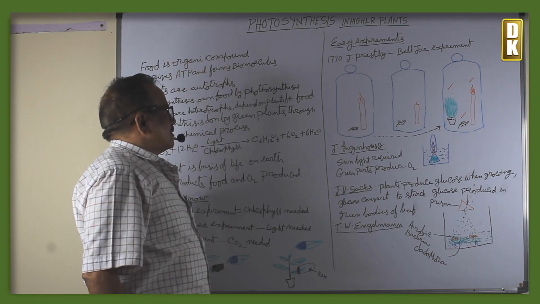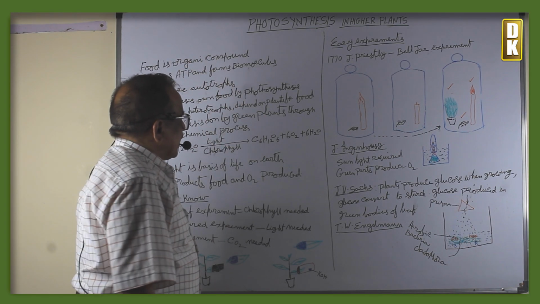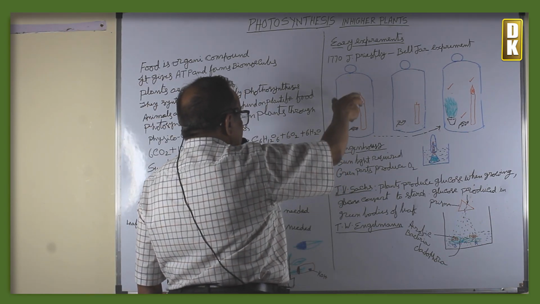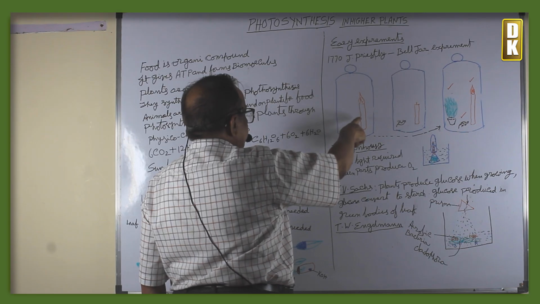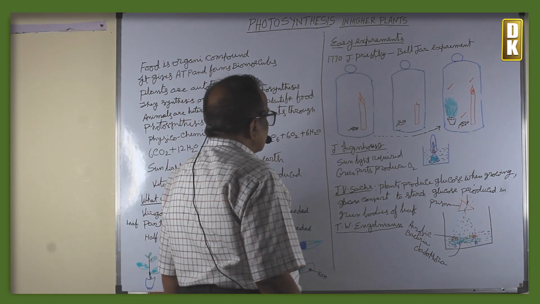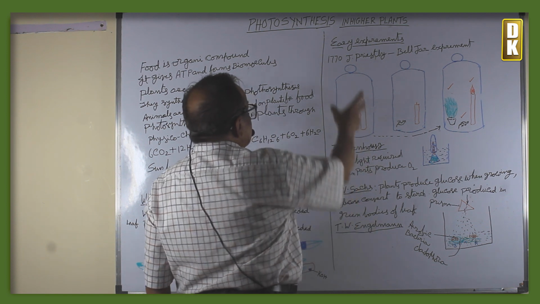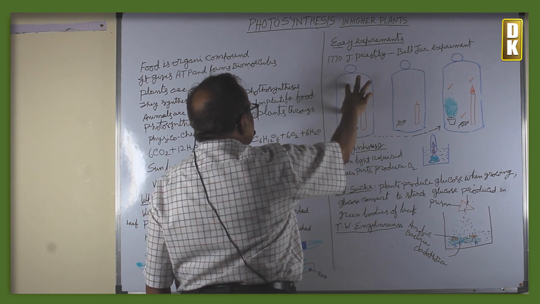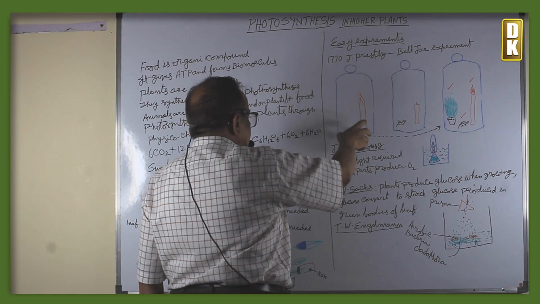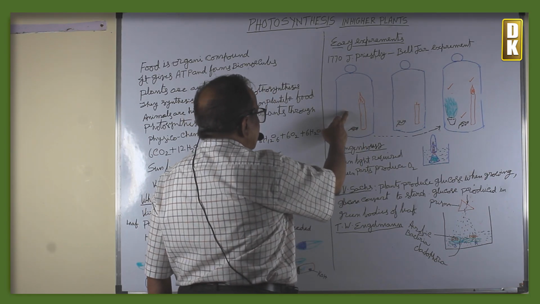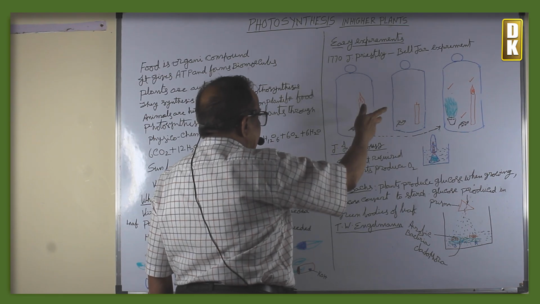living organisms. Now for that, take a bell jar and cover it over a burning candle, and keep a mouse also in it. Inside the bell jar, the air has no connection with the outside air.